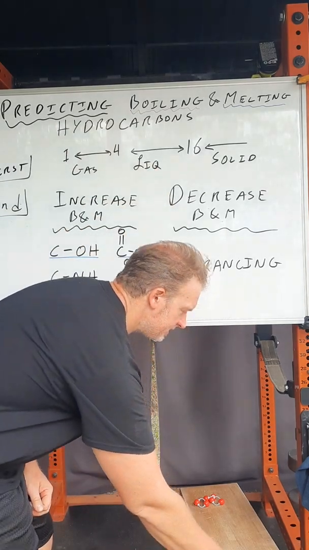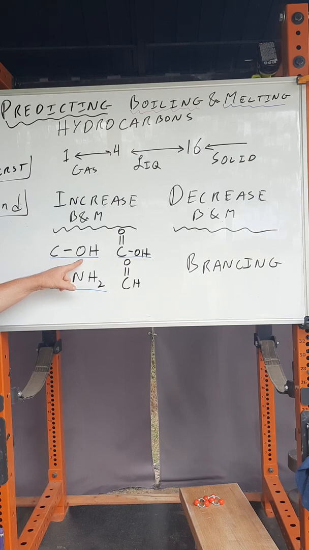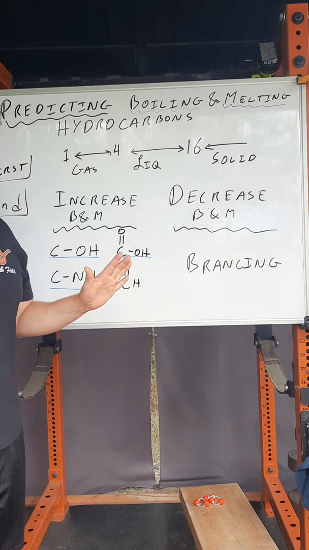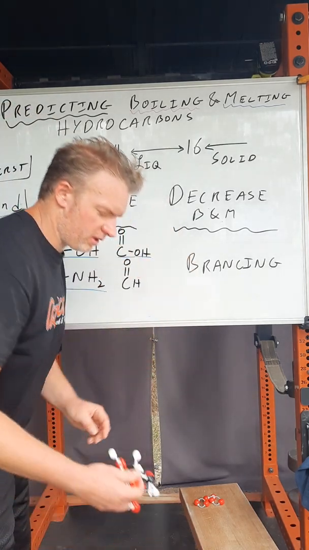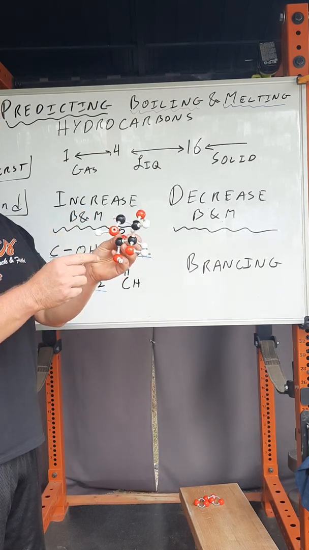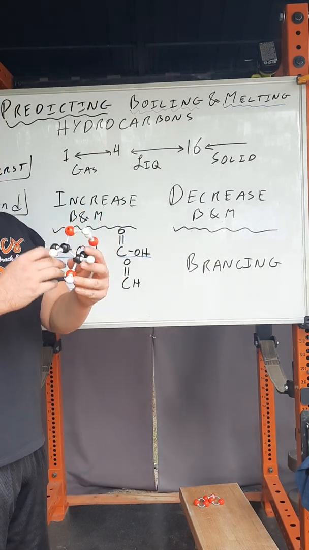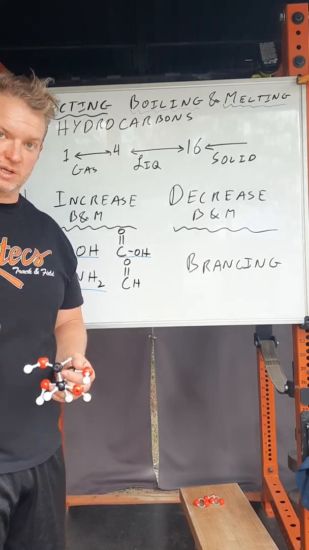The last thing to consider now is the number of interesting things you see on a molecule, interesting things being not carbon, not hydrogen, anything other than carbon and hydrogen is interesting. The more interesting things you see on it, the higher the boiling point and melting point can be predicted to be.